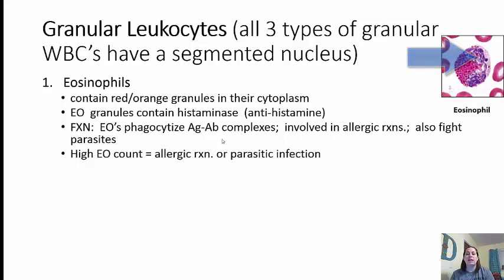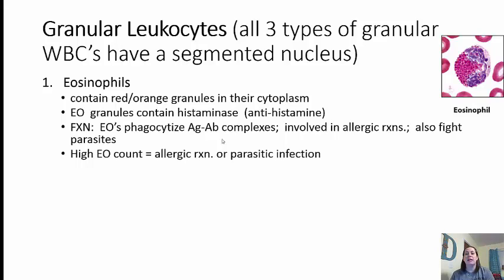Eosinophil granules contain what we call histaminase, and this is an antihistamine. Normally you hear about histamine. Histamine normally gets released during an allergic reaction. These guys contain an antihistamine, kind of similar to a Benadryl cream or a hydrocortisone cream. Now, the function of the eosinophils is to phagocytize antigen-antibody complexes. So AG is antigen, AB is antibody.